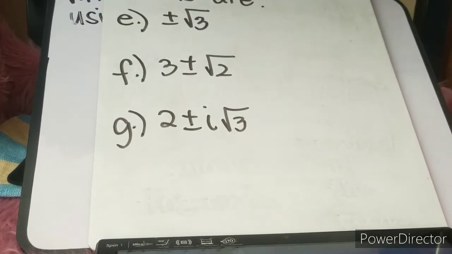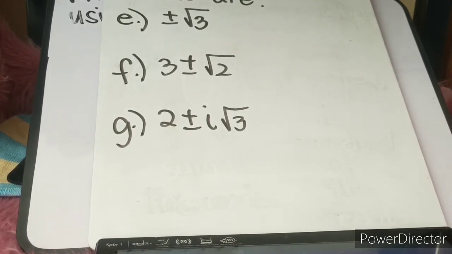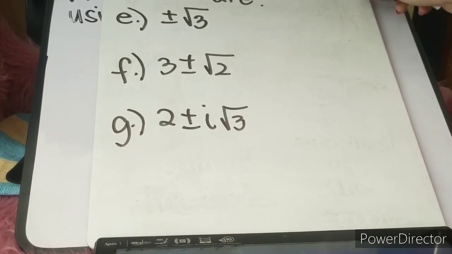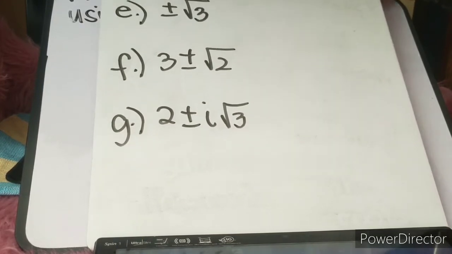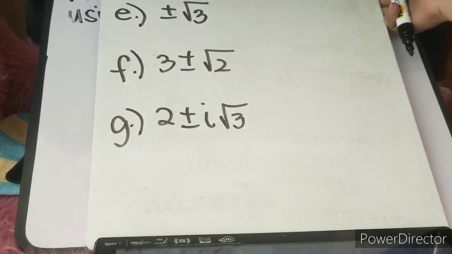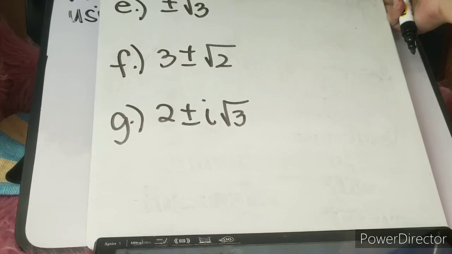Kasi nga, roots yung given. Hahanapin natin yung sum and product. I will show you how we will find for the sum and product of the following given. Okay, let's start with letter E, which is the given is positive, negative, square root of 3.